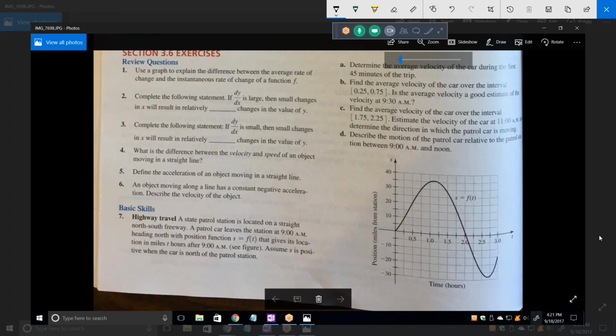Okay, so we figured out the average velocity over that interval. It was minus 56 miles an hour. Estimate the velocity at 11. Precisely 11 is that point right there. What do you think his velocity is at 11?